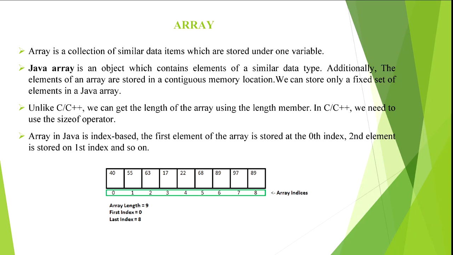The element at the first index is 40, and the element at the last index is 89. The first index starts from 0, and in the considered figure the last index is 8. As the length is 9 and an array always stores the first element from the 0th position, you see here the last element at the 8th index.